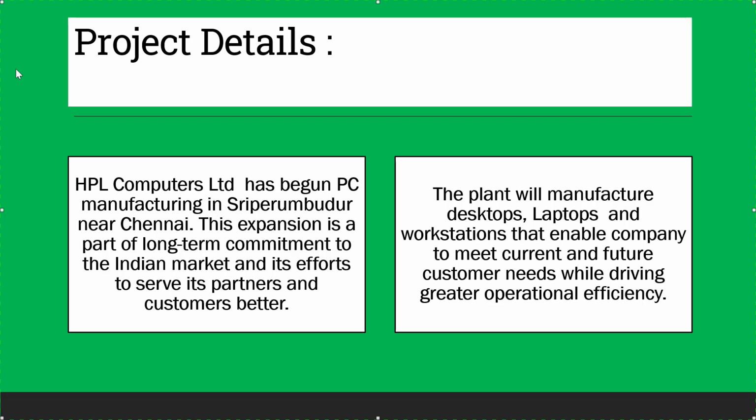The plant will manufacture desktops, laptops, and workstations that enable the company to meet current and future customer needs while driving greater operational efficiency. Okay, so what this company is going to do, they are going to manufacture the desktops, laptops, and workstations. So these are the three products which my company is going to manufacture.